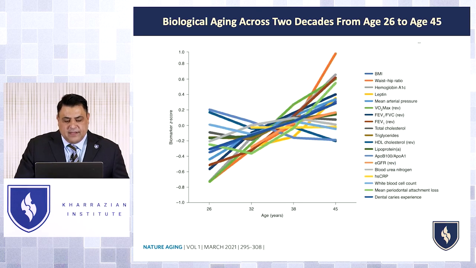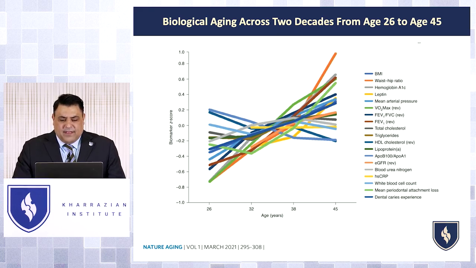And in their study, and the paper is included, you'll find the paper online, it's also in your course materials. But if you look at the paper, they have this great chart, and you look at the variables they were looking at from age 26 to 45 in these 1,000 subjects.